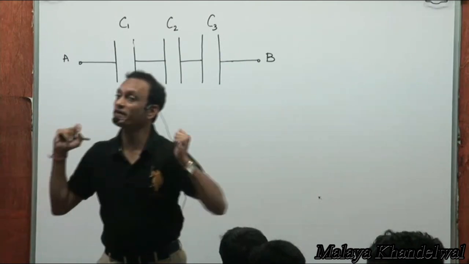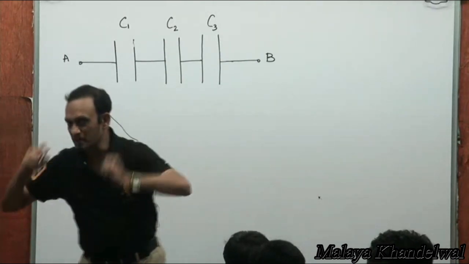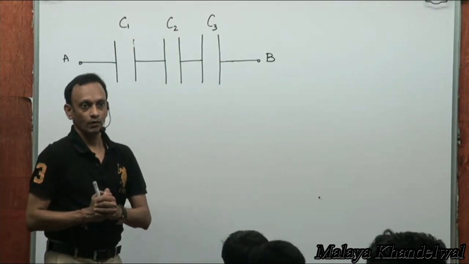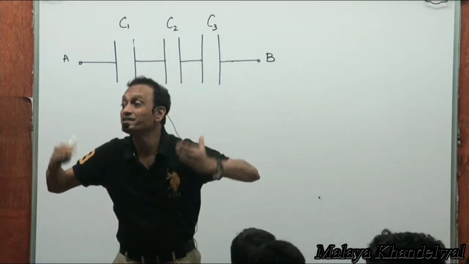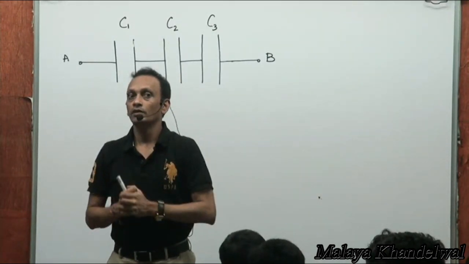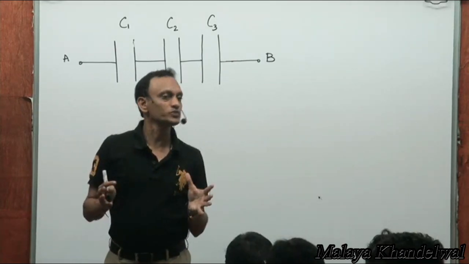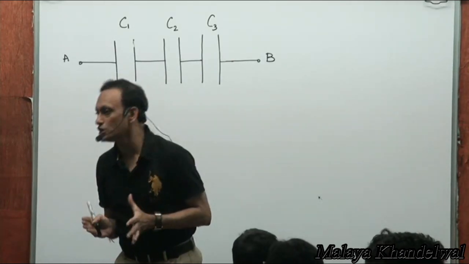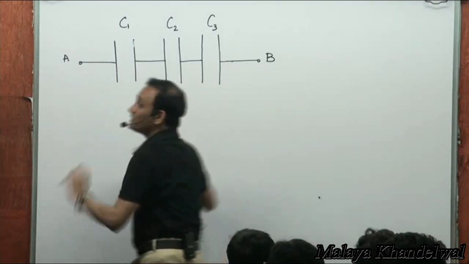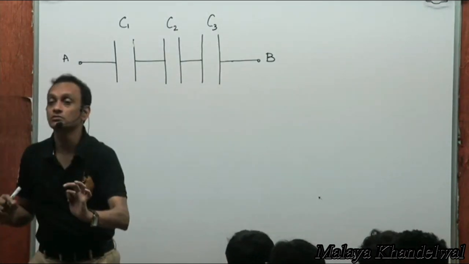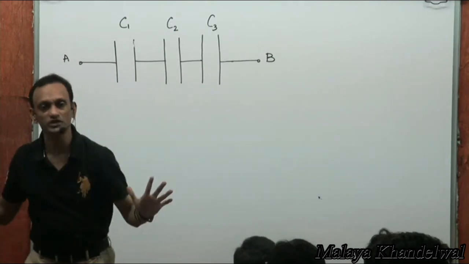But what is fundamentally meant by capacitance between points A and B? It means that you mentally imagine a battery to be connected between these 2 points. Find the capacitance between A and B means mentally imagine a battery to be connected between these 2 points.